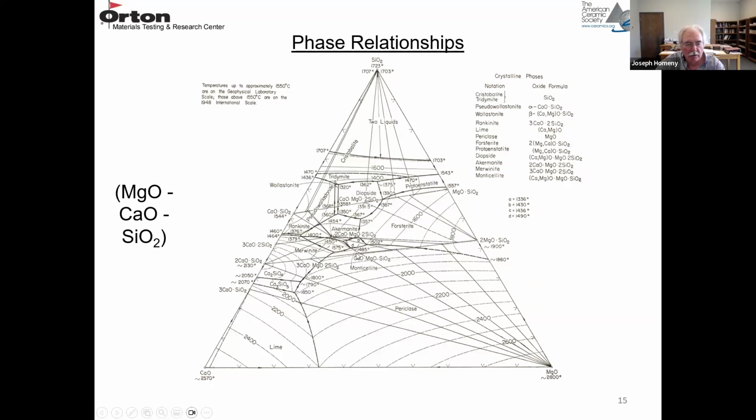Here's monticellite, CaO MgO SiO2. Here's merwinite. That's 3 CaO MgO 2 SiO2. Then we have our dicalcium silicate, tricalcium silicate, and lime. So if you start looking at these temperatures, here you see these lower melting eutectics around 1485, 1502, 1575. So this is what's causing the problem.